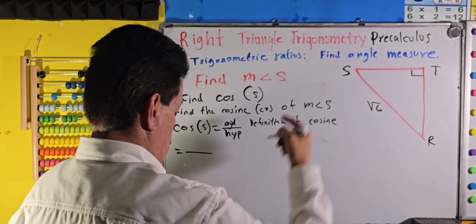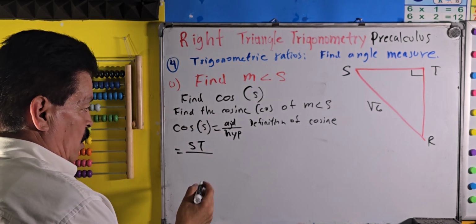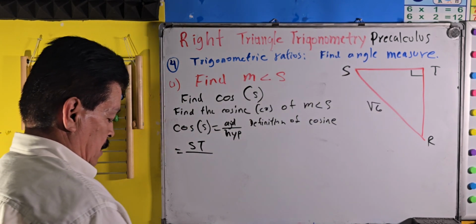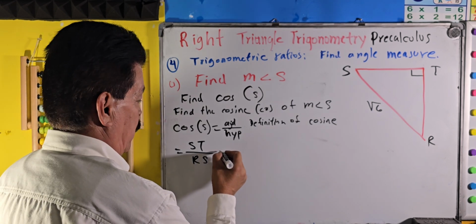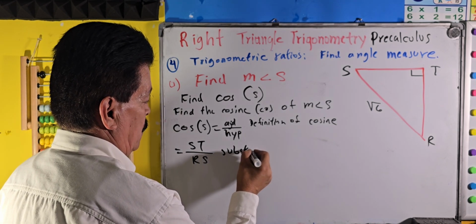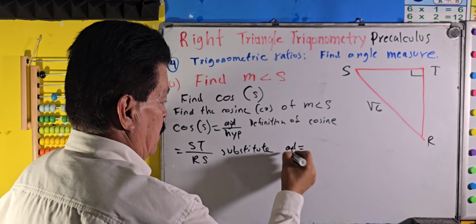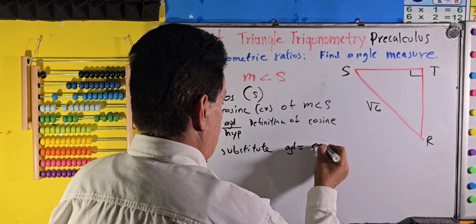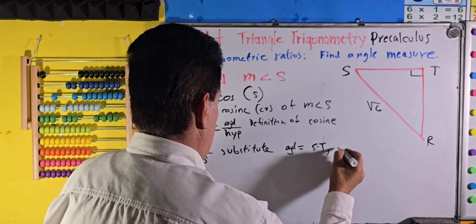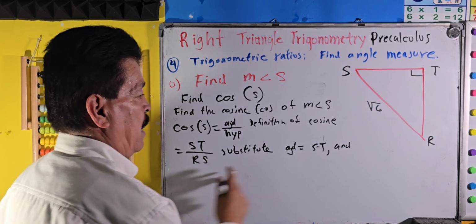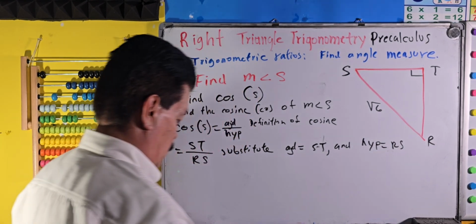So the adjacent side is ST. The hypotenuse is this one, RS. So here we substitute adjacent ST and hypotenuse equals RS. All right.